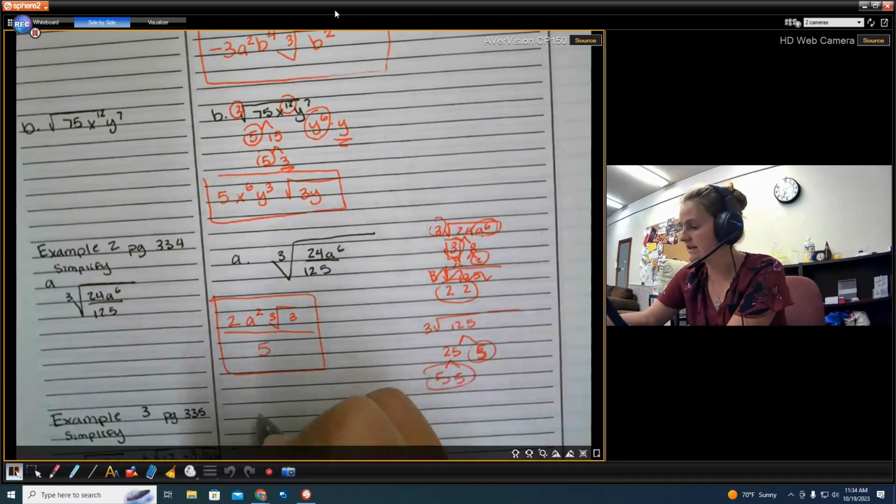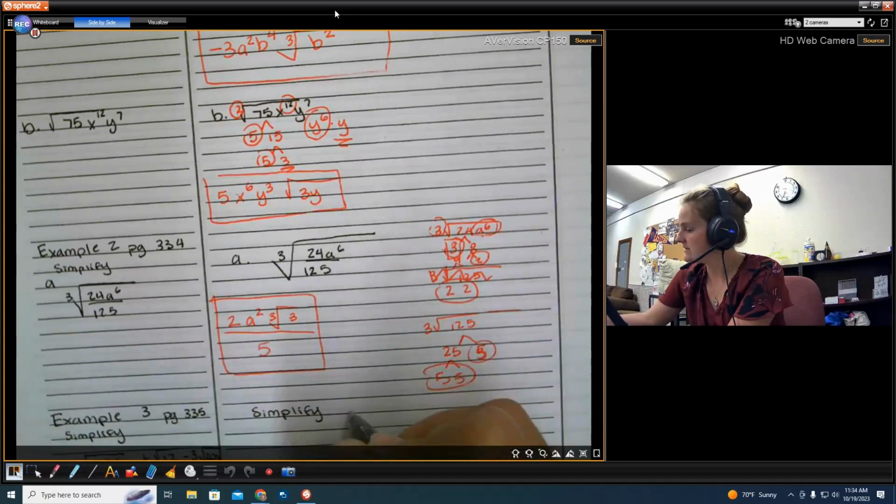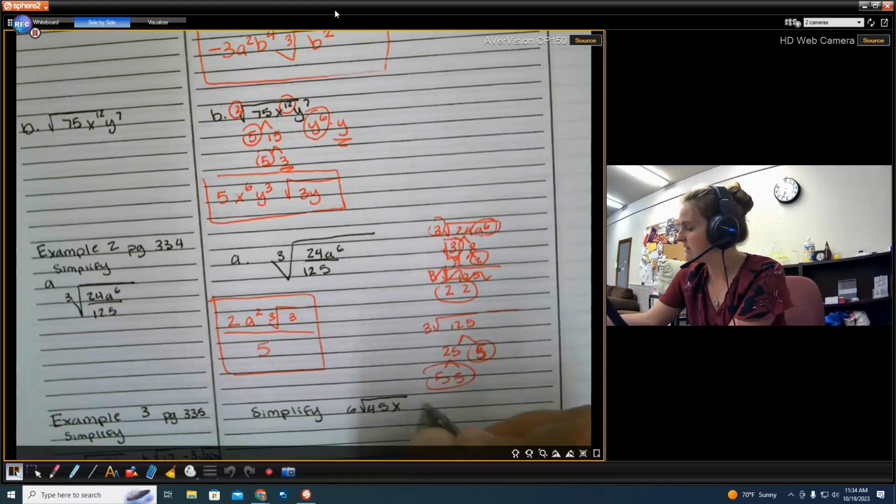Okay, and then we're going to rewrite this on the other side. So simplify 6 radical 45x plus radical 12 minus 3 radical 20x.